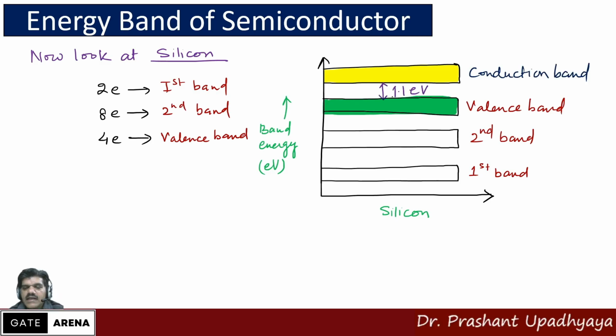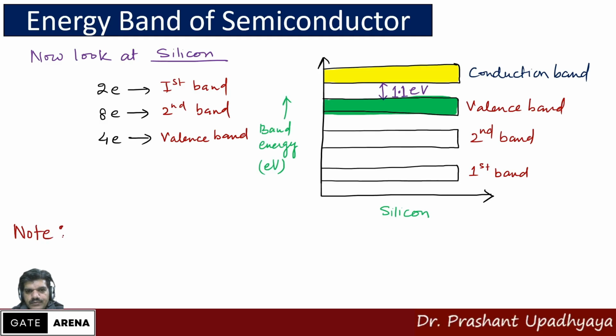We can say that the energy gap between the valence band and the conduction band is 1.1 electron volts.